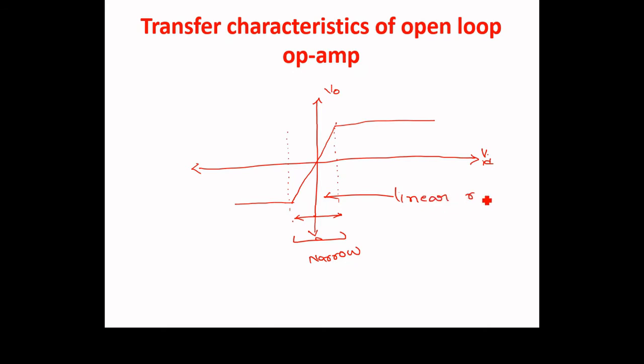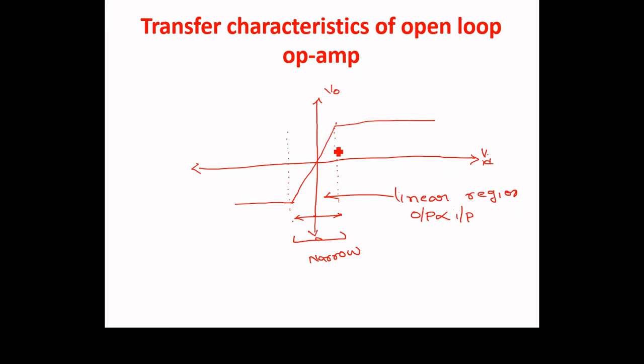There is a linear relationship between the output and input. When will we say the region is linear, or that it is operating in linear mode? When the output is proportional to the input. If the output is linearly proportional to the input, then it is called the linear region. So when the op amp is operated in open loop configuration, only for a very narrow region will it operate in the linear region.